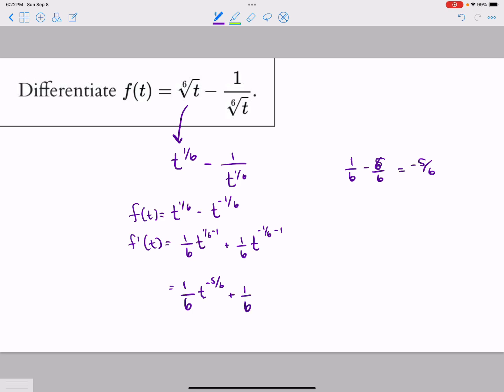And then -1/6 minus 1 would be -1/6 minus 6/6, or -7/6. So this is the derivative.